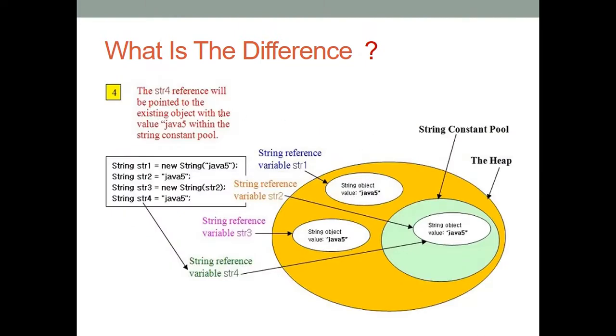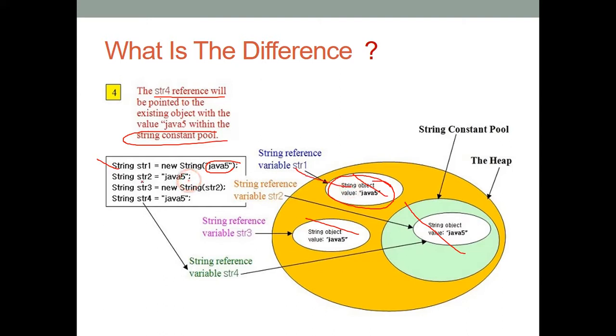What is the difference between them? For example, the str4 reference will point to the existing object with the value Java 5 within the string constant pool. Suppose this is the string constant pool, and these are individual objects. If you create String str equal to new String Java 5, it is stored here as Java 5, and str1 points here.